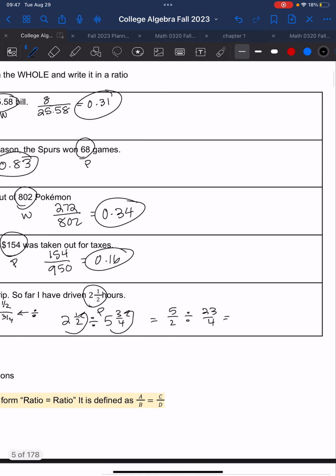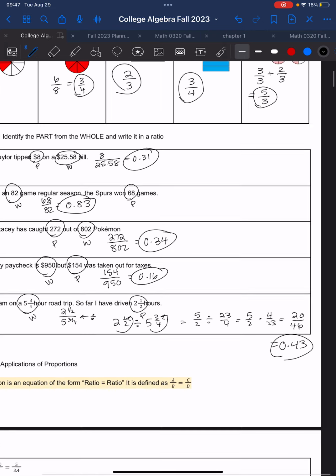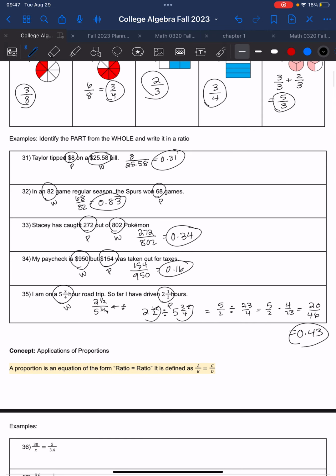I have to flip that second fraction, so I have 5/2 times 4/23. And this gives me 20/46. That is my ratio, so 20/46. Put that into my calculator, and I get approximately 0.43. So this tells us that so far, she has driven about 43% of her total trip.